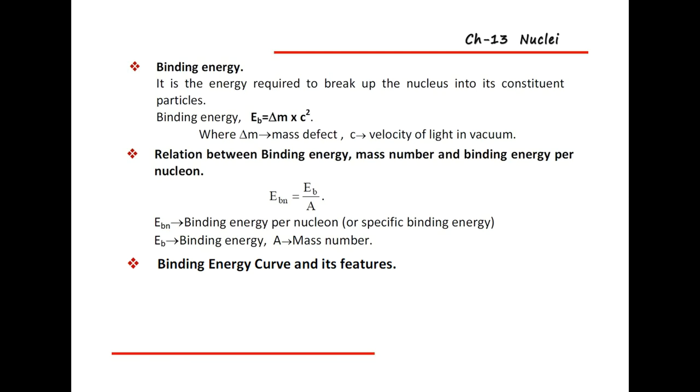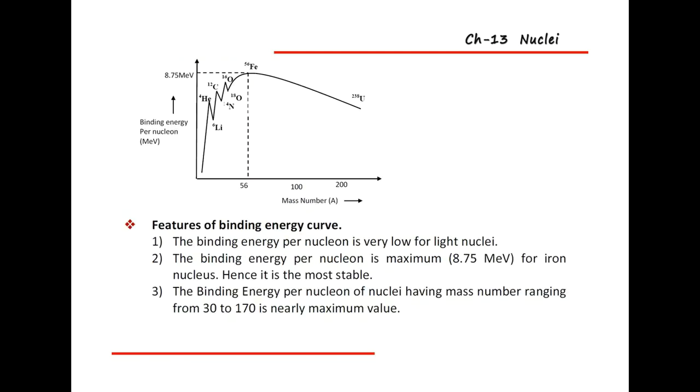Then we'll see the binding energy curve and its features. In this graph, along the x-axis is the mass number A, and along the y-axis is the binding energy per nucleon in MeV.